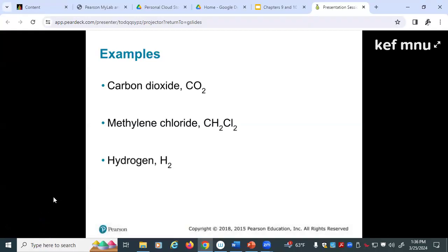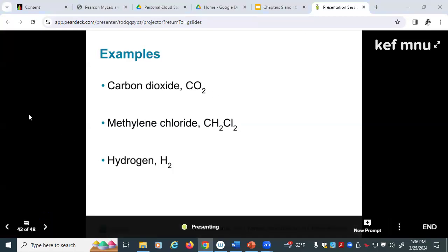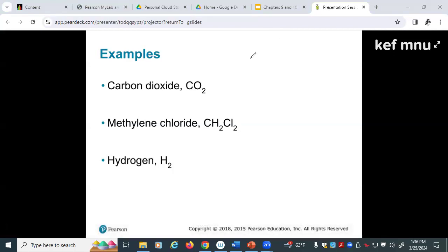So for carbon dioxide, I have carbon. So carbon's Lewis dot symbol, 4 valence electrons, all 4 of them separated out. For oxygen, oxygen has 6 valence electrons, so its symbol looks like this, which means I've got 2 unpaired dots.